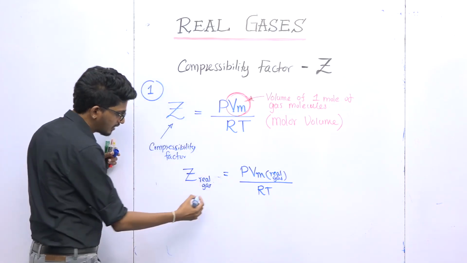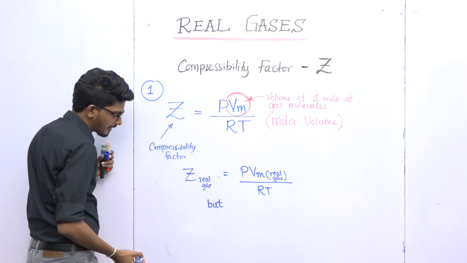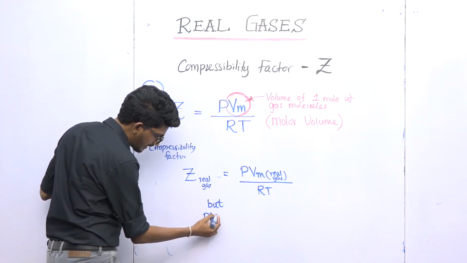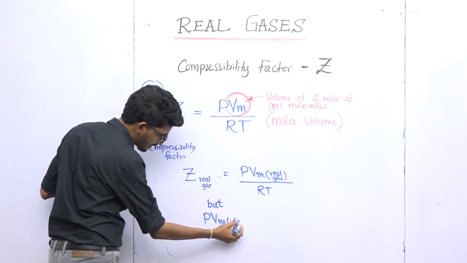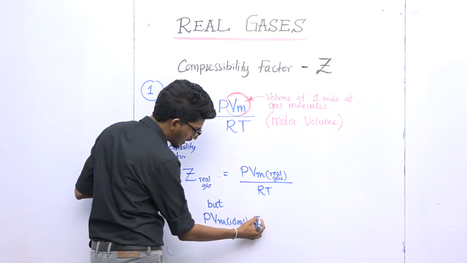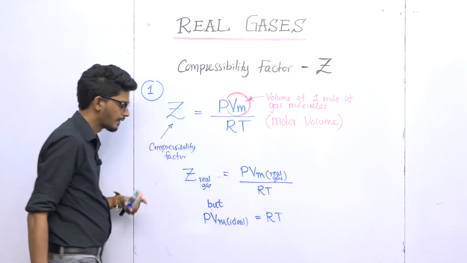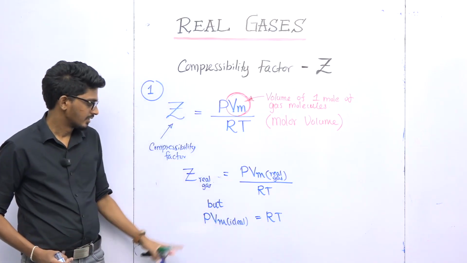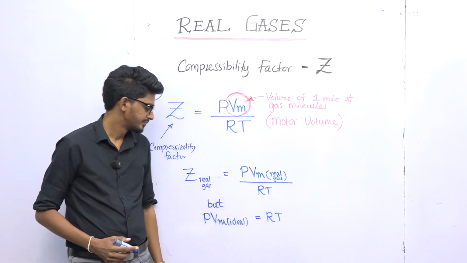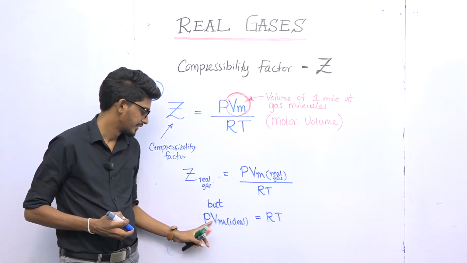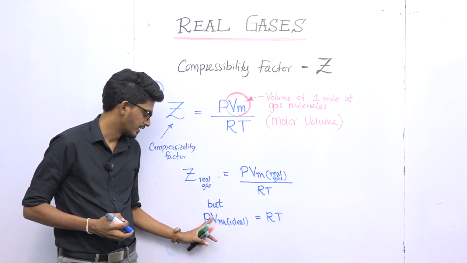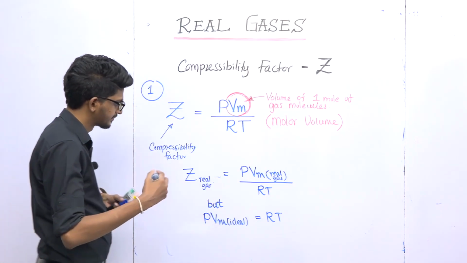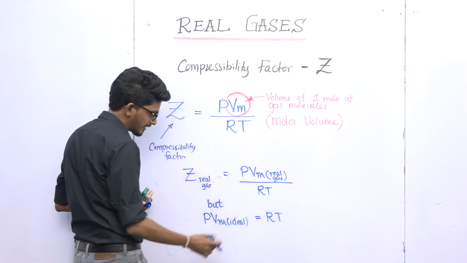But we know for ideal gases, PVm for ideal gases is equal to RT. We confirmed that earlier, right? For ideal gases, molar volume of ideal gas times P is equal to RT. Then we can substitute this into here.